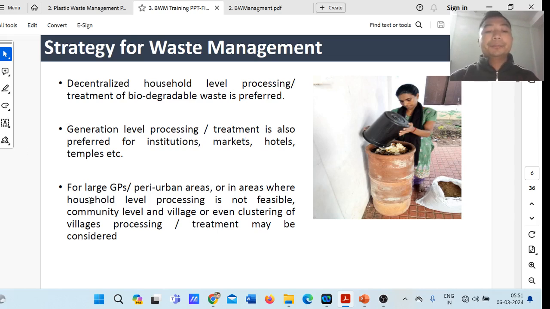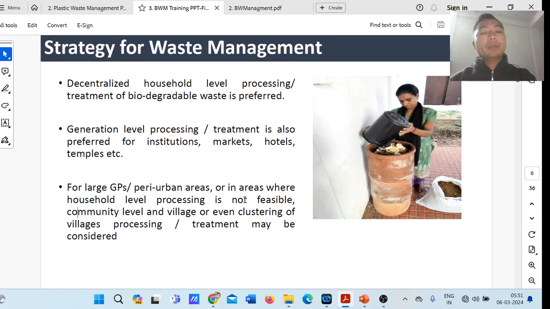If a large Gram Panchayat, a village with more than 1,000 households, or some ward or big semi-urban area, then household-level processing is not feasible. If the population is less than 100 or 200, then household-level segregation and processing is encouraged; it can be educated.